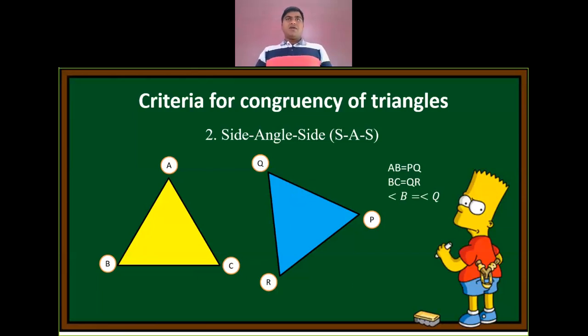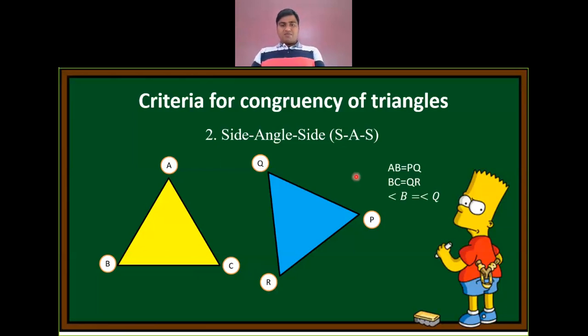We just verify three conditions, not six conditions: two sides and one included angle, then the triangles are congruent to each other. This criterion is called side angle side, or SAS congruency criteria of two triangles.